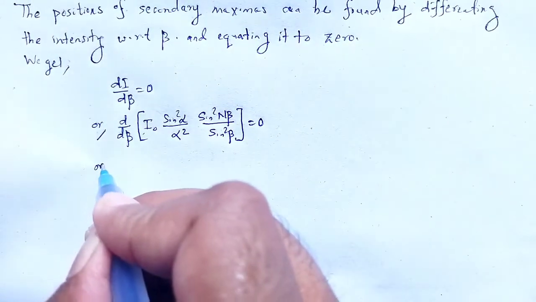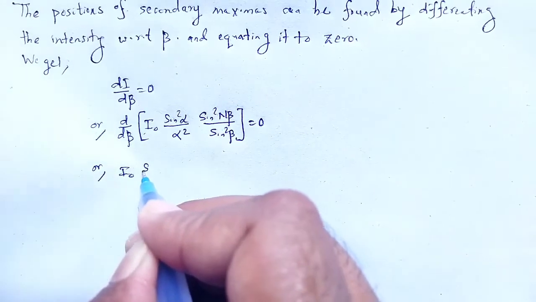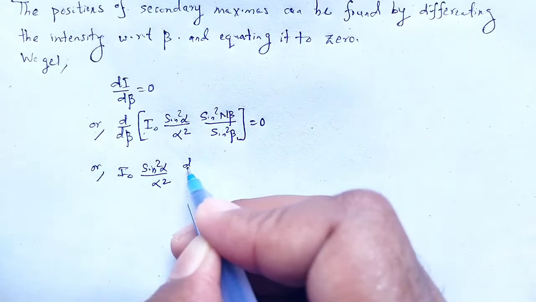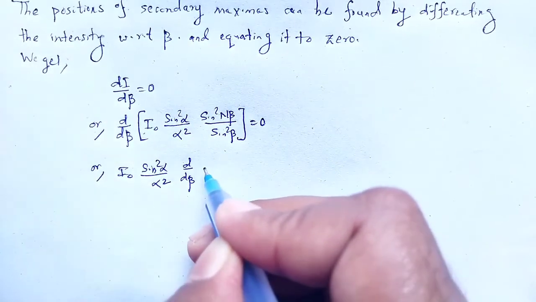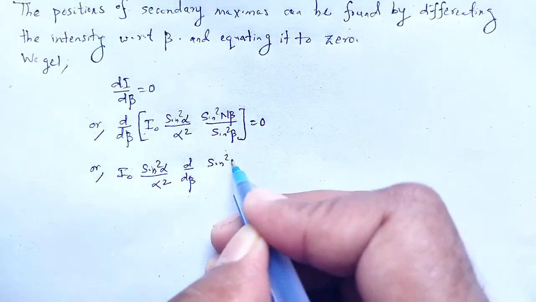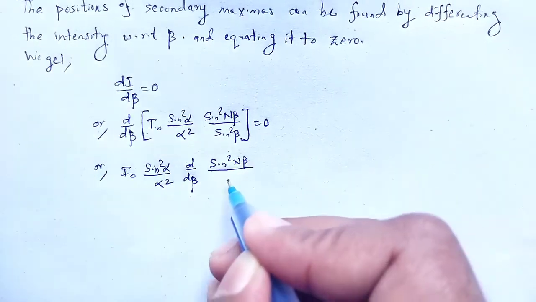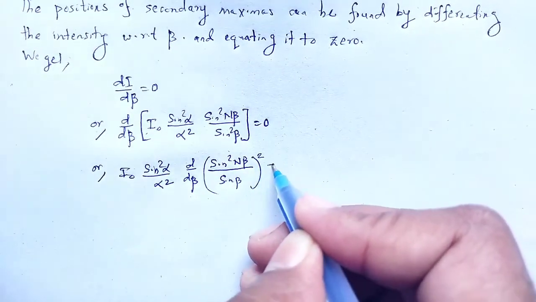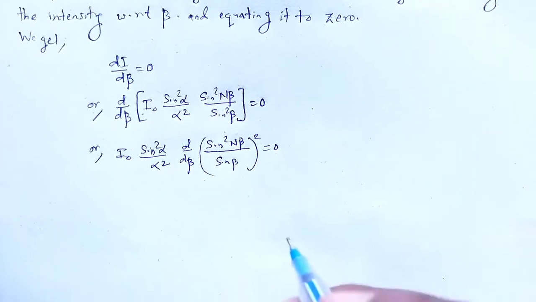The constant term outside, I naught sin square alpha by alpha square, d by d beta of sin square n beta divided by sin square beta is equal to 0.